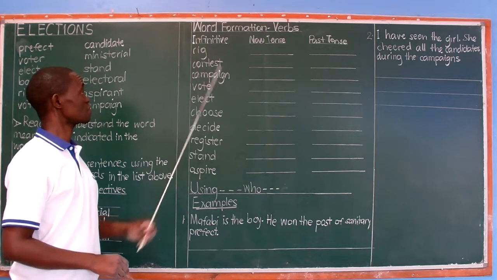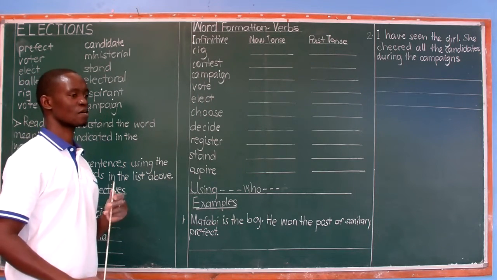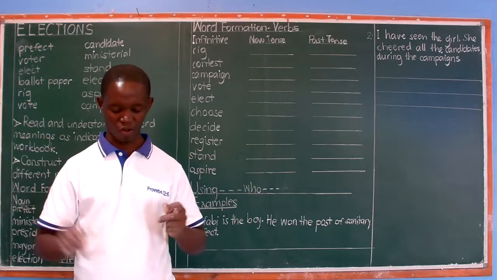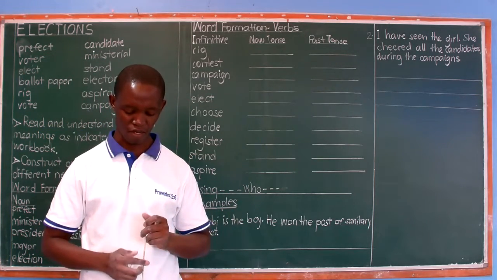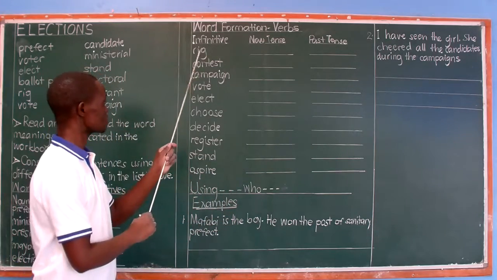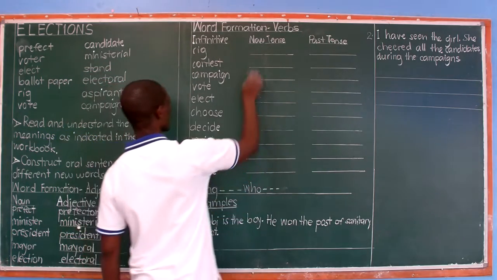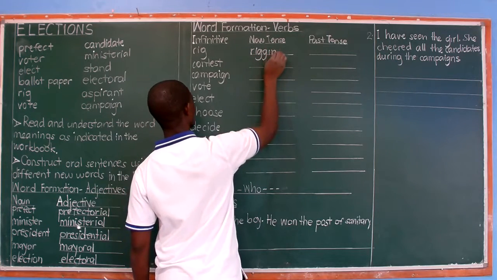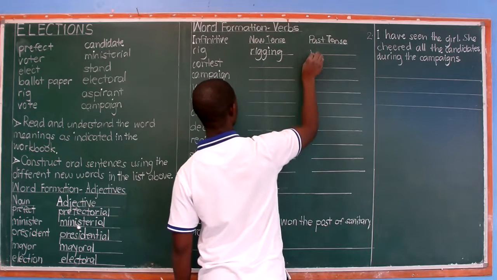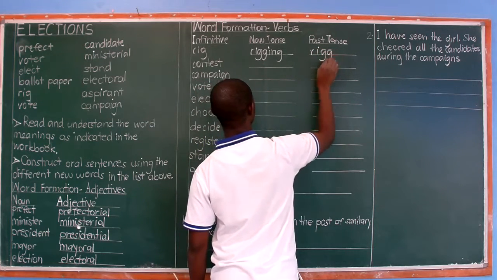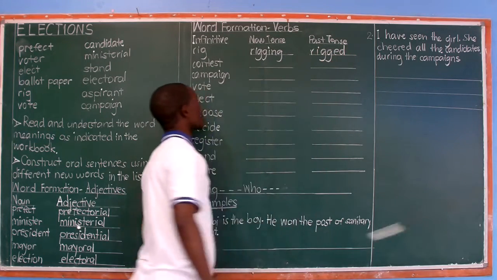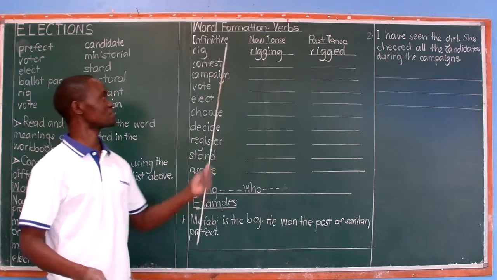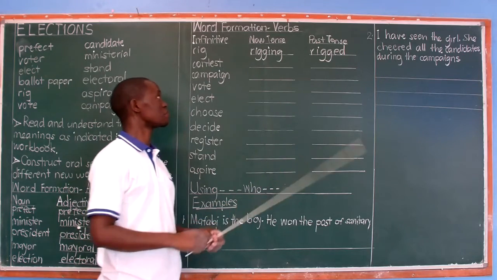We have the infinitive form, which is normally the form of a verb when nothing has been changed or when nothing has been added onto that verb. If it is read, it is read. It has not yet changed to this. So this is read, the infinitive or natural form or base form of a verb.